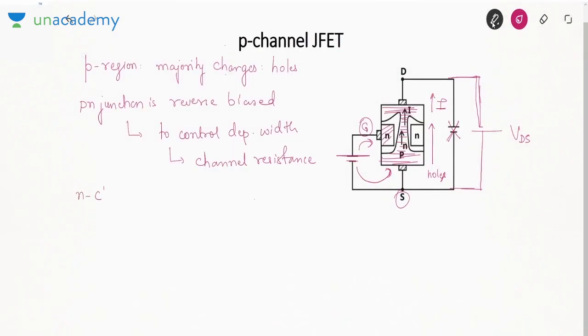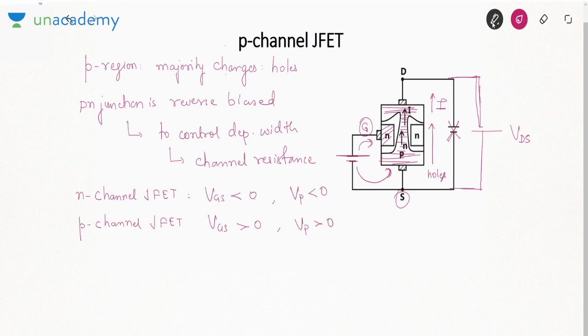Or what you can say, in N channel JFET, the gate to source voltage is less than 0. In P channel JFET, positive terminal is at gate, so gate to source voltage is greater than 0. That is why here the pinch off voltage is negative, and here pinch off voltage is positive.